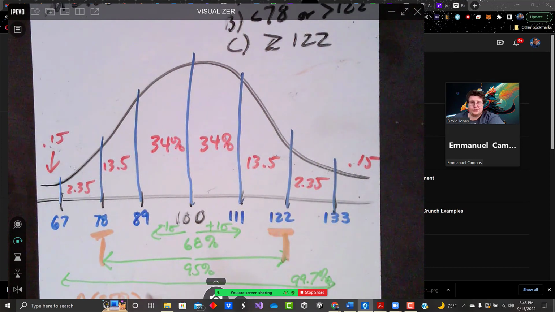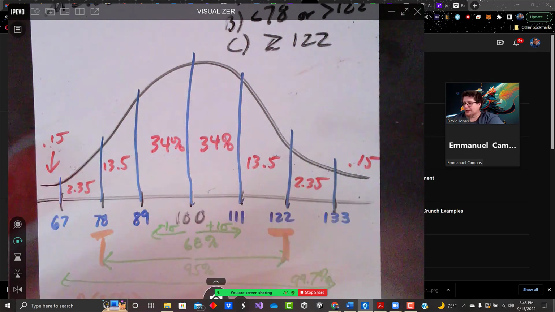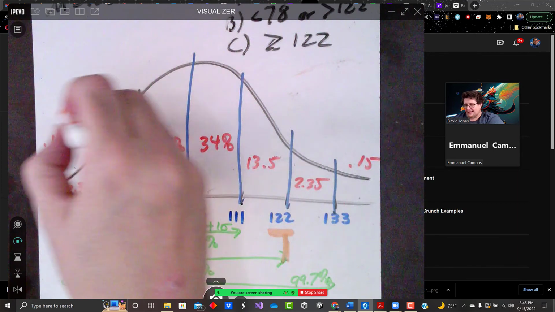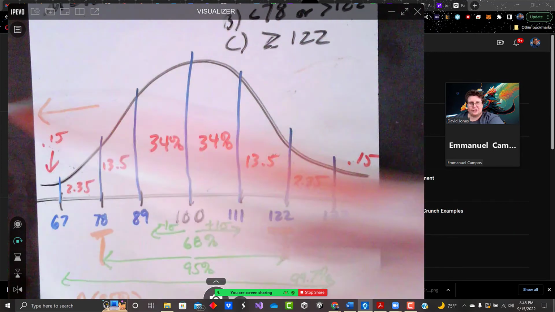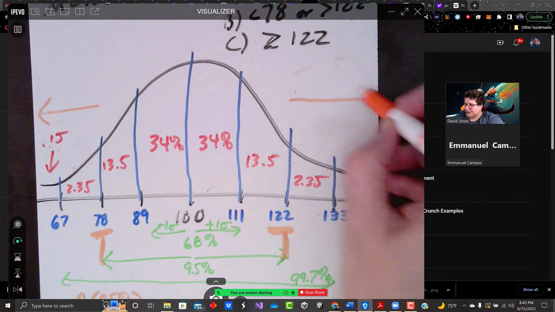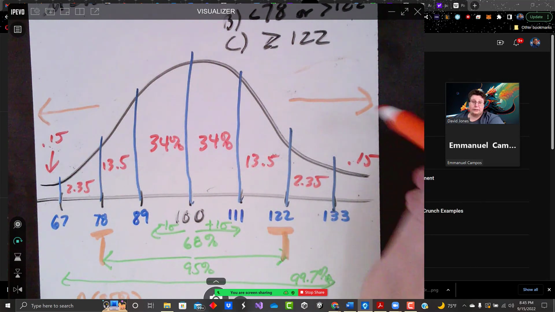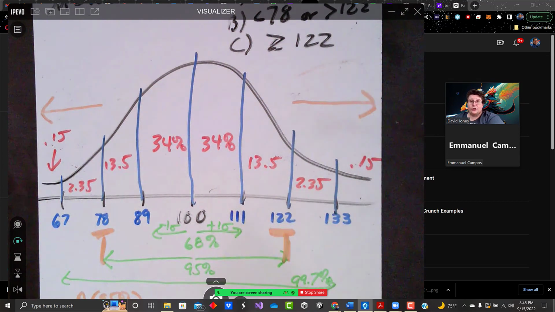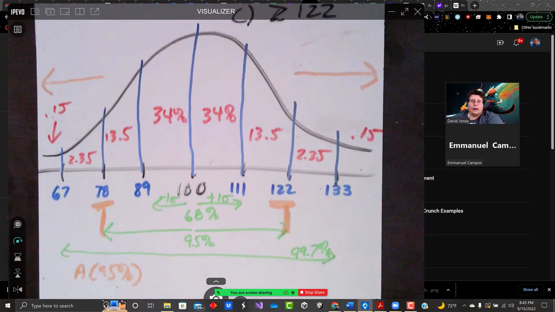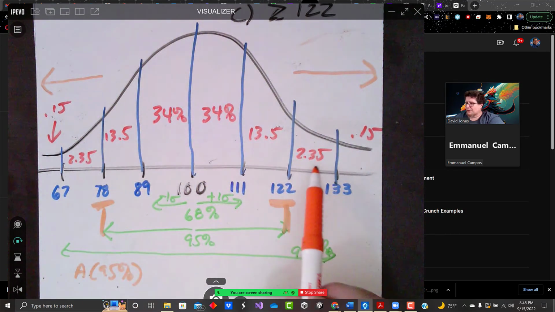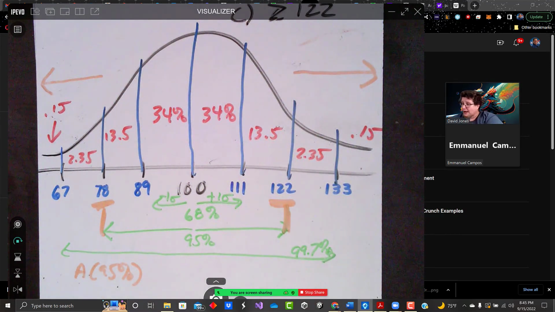When they ask you for the other one, less than 78 or greater than 122, less than 78 is everything in this direction, and greater than 122 is everything in that direction. So you have 2 options. You can add up the 0.15, the 2.35, the 2.35, and the 0.15.